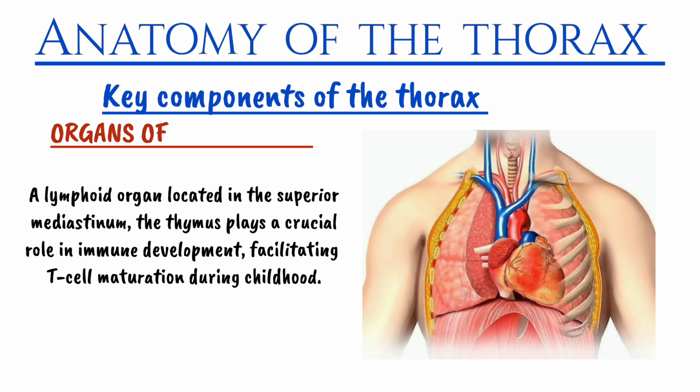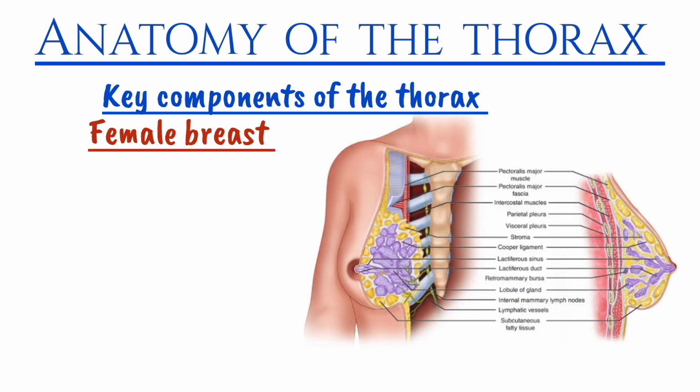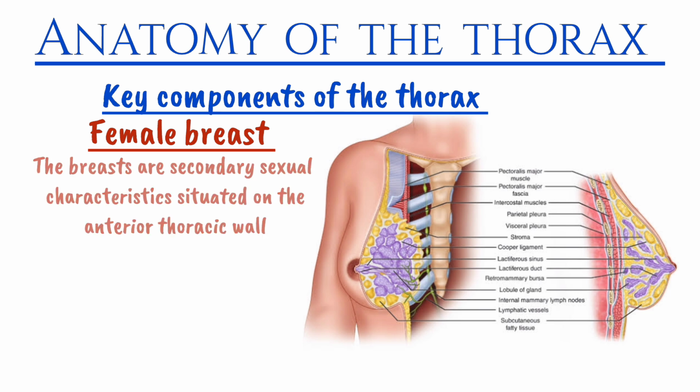Now, finally, let's talk about the female breast anatomy. The breast is a secondary sexual characteristic situated on the anterior thoracic wall. The primary function is milk production, supported by the mammary gland and the lactiferous duct.